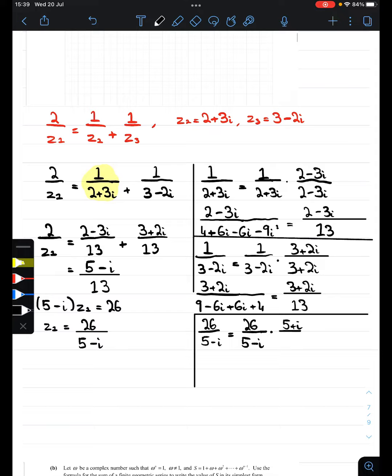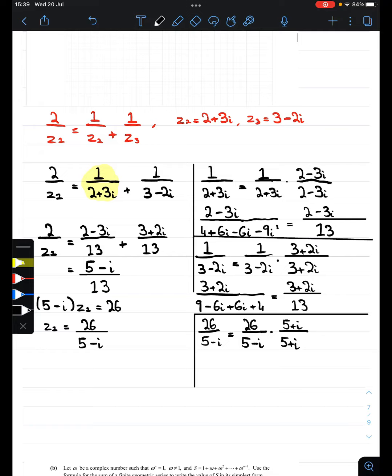This is just always our trick. If you ever have a fraction with a complex number on the bottom, always multiply by the conjugate over the conjugate. Just makes your life much easier.